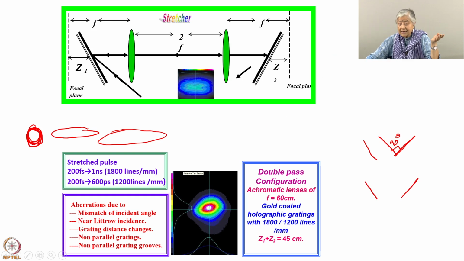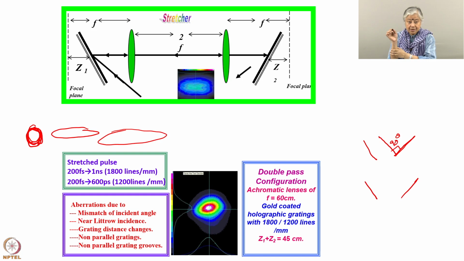So, that is where the alignment of these two gratings is important. Okay. Some of the aberrations here I have written, some of the aberrations due to mismatch of the incident angle. Okay. All these are aberrations: mismatch of the incident angle, near Littrow incidence, grating distance changes, non-parallel gratings, non-parallel grating grooves. Okay. So, what do I mean by non-parallel gratings?